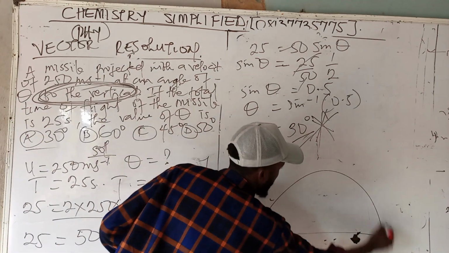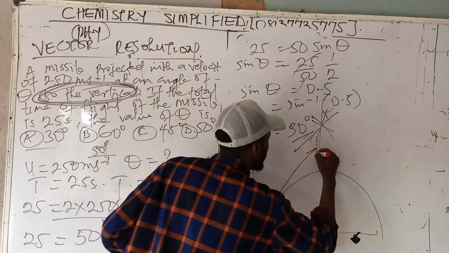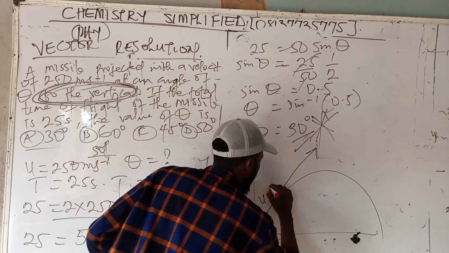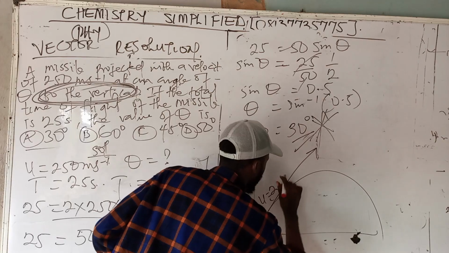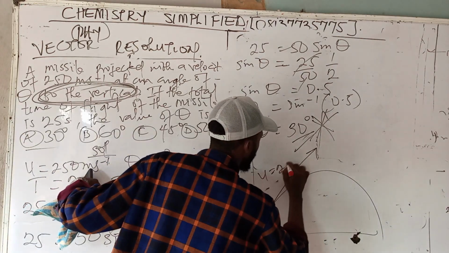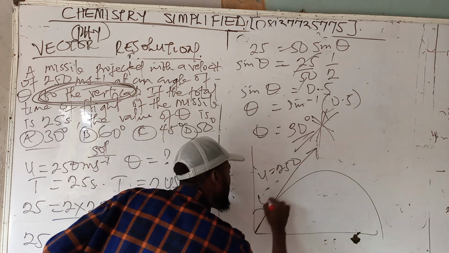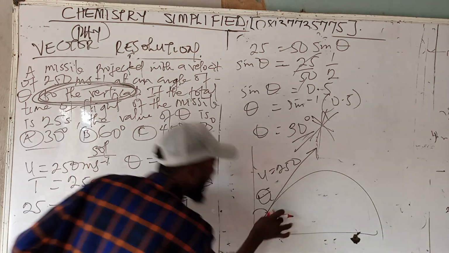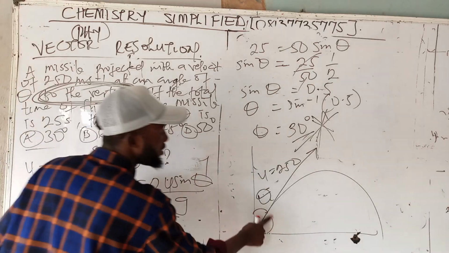Your u here is 250. But they said the angle theta is to the vertical, not to the horizontal.